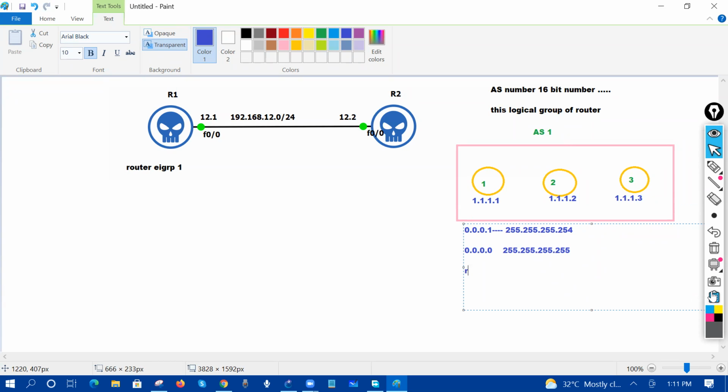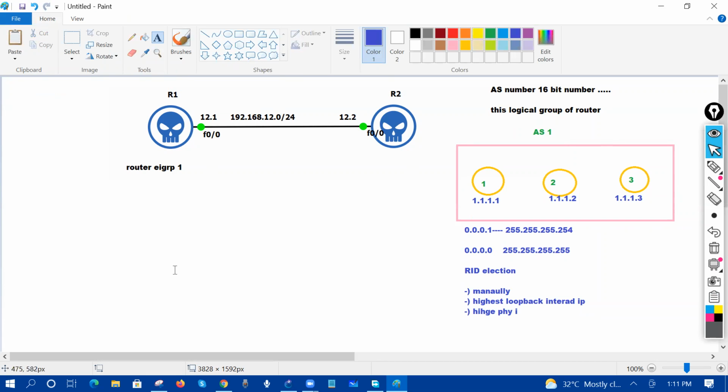First, it will go for the manually configured one. Second, the highest loopback interface IP address, and third, the highest physical interface IP address. If I don't have any loopback, have not defined it manually, and don't have any physical interface, then the router ID will be 0.0.0.0. It means that EIGRP did not elect a router ID.